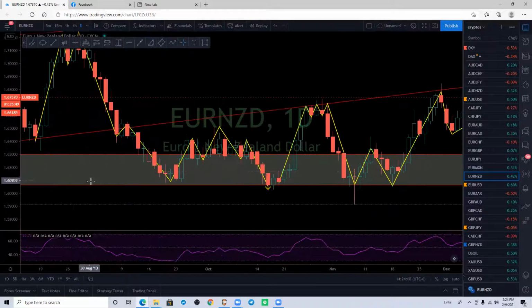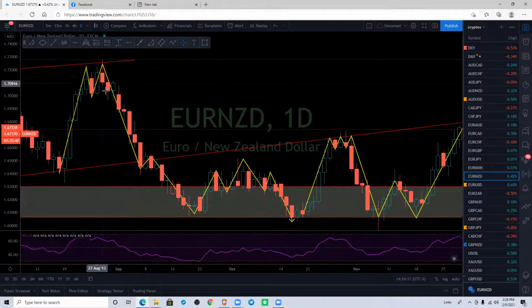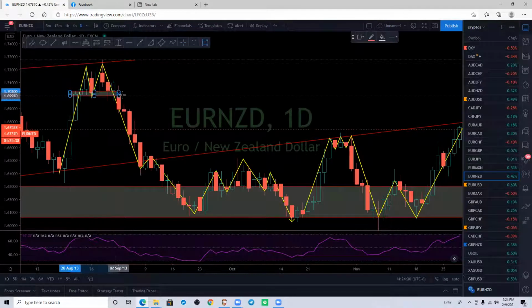But we need to have a full pattern, show a full rejection. You have full rejections, at least two, to show a full pattern to where it breaches across a neckline, and that's where you have your first reversal pattern when these are complete.